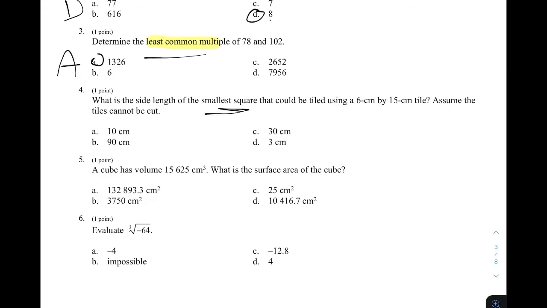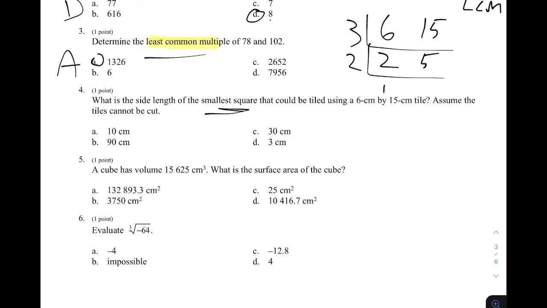But really this question is asking me about lowest common multiple, or least common multiple. So I'm going to take 6 and 15, and I'm going to find LCM. I can divide by 3 and get 2 and 5, and then those are both prime, so nothing to do but pick them off one by one.